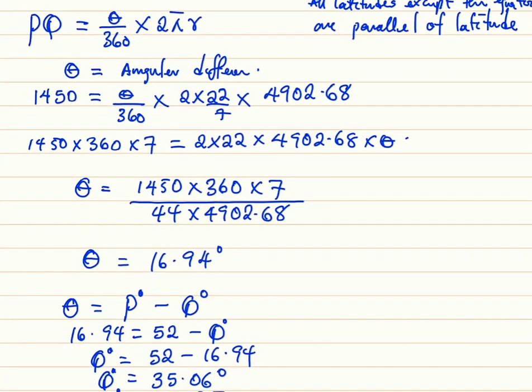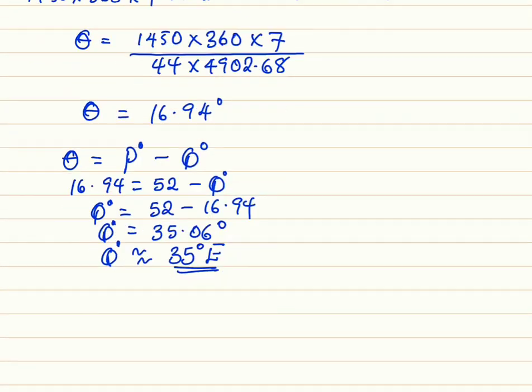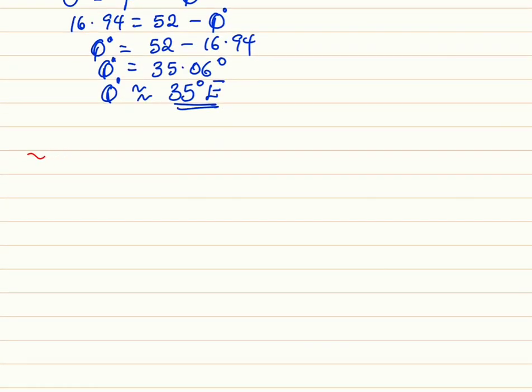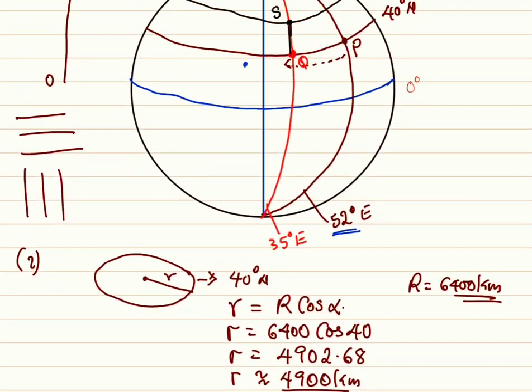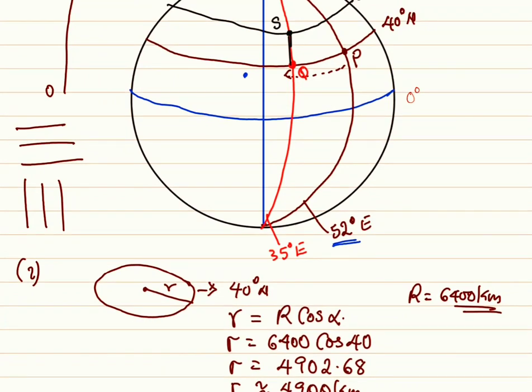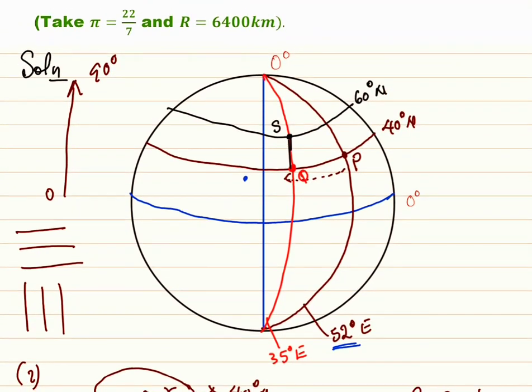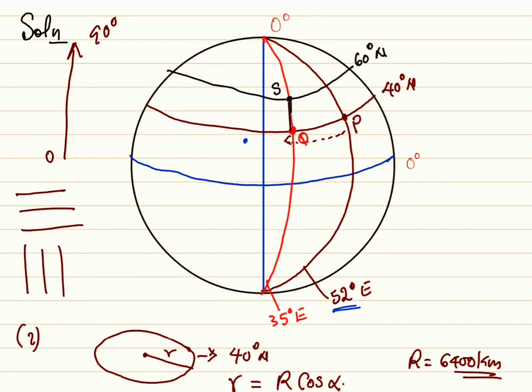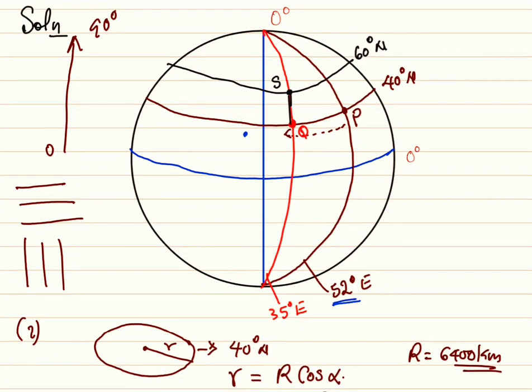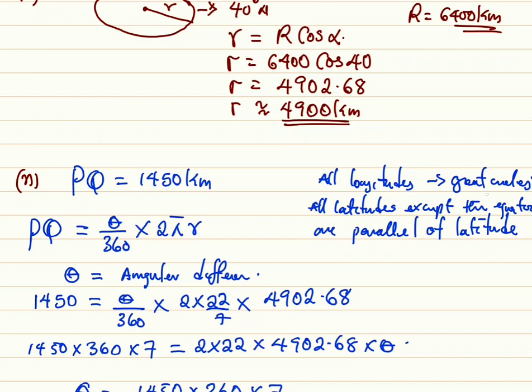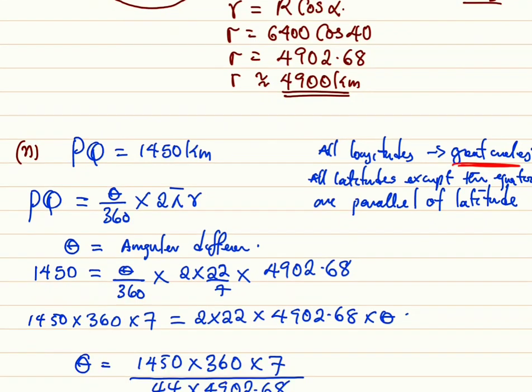So to find distance QS, we come here, Roman figure 3, QS. Now, if you check very well, QS is on a longitude, and that is longitude 35 degrees east. And what do we say about lines of longitude? They are all great circles.